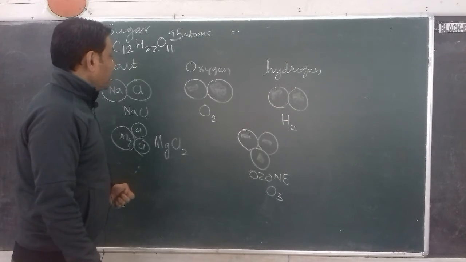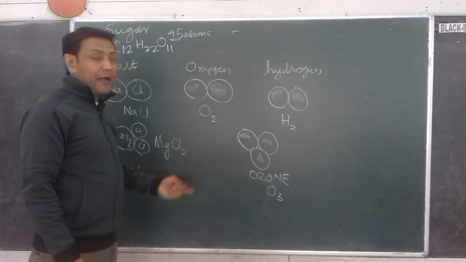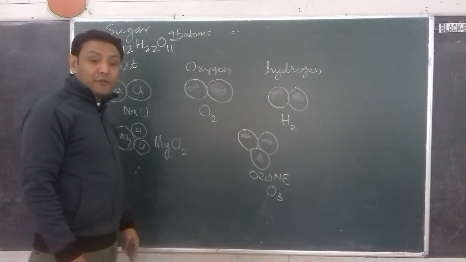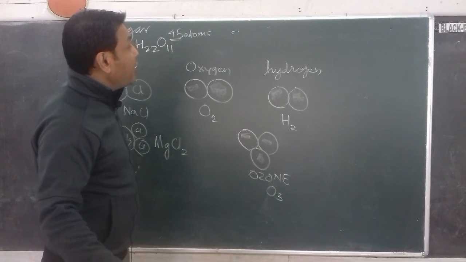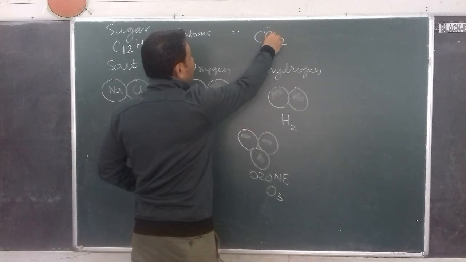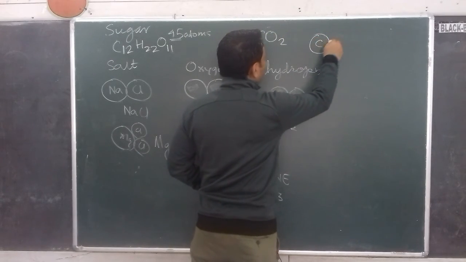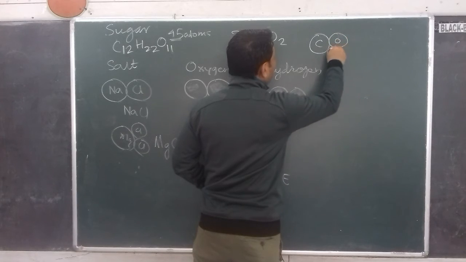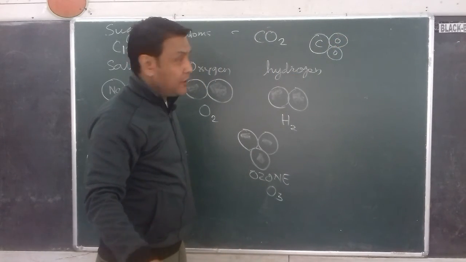I'll tell you again. Let's take carbon dioxide, CO2, made up of carbon and oxygen. So one atom of carbon and two atoms of oxygen are held together by a covalent bond.